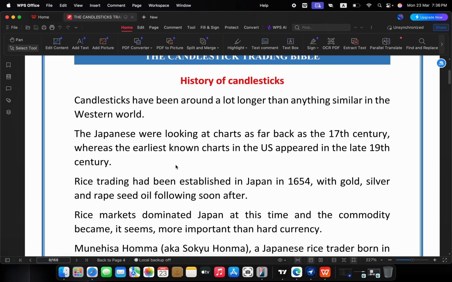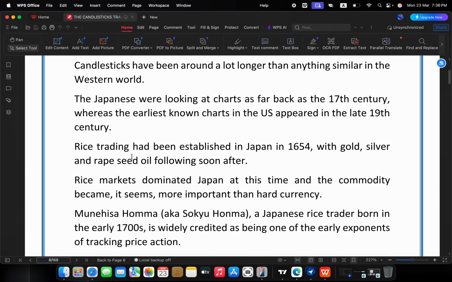Now let me give you the history and background of the candlestick. Candlesticks have been around a lot longer than anything similar in the Western world. The Japanese were looking at charts as far back as the 17th century, whereas the earliest known charts in the US appeared in the late 19th century.